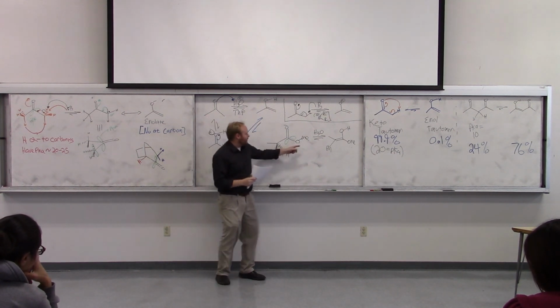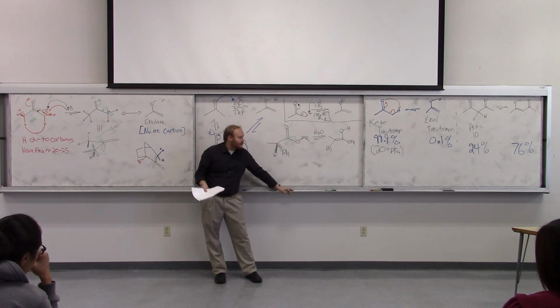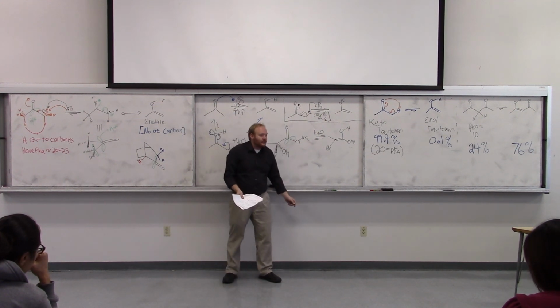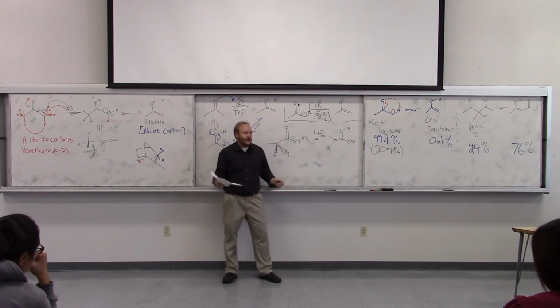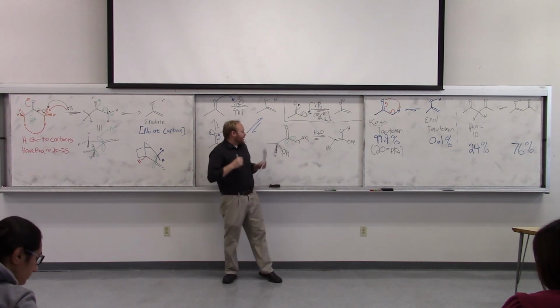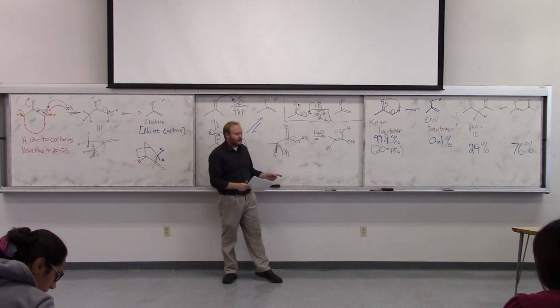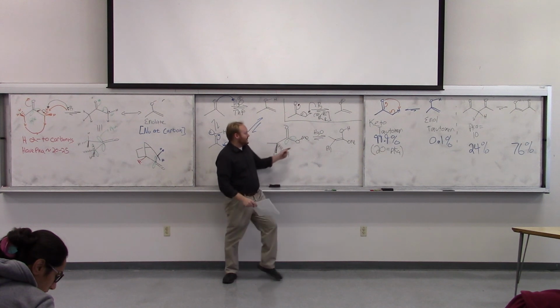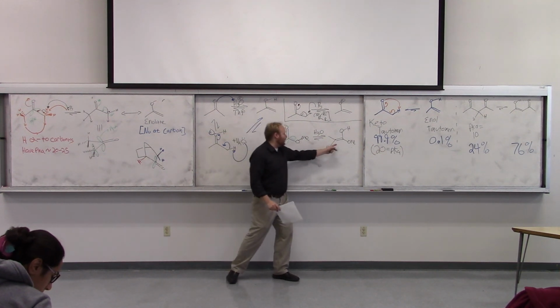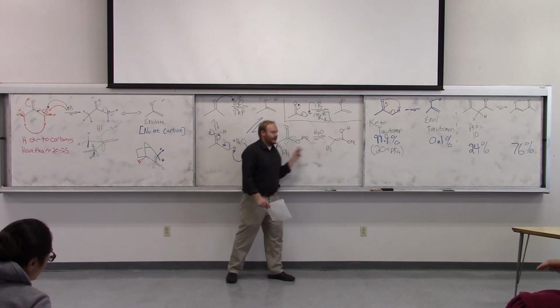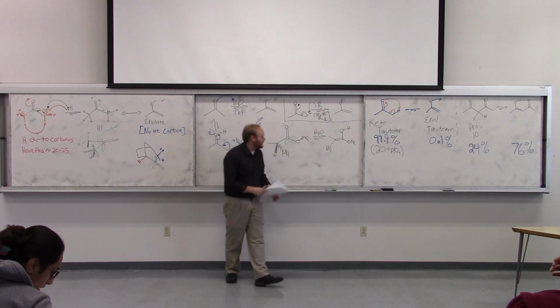And of course, this will be in equilibrium. Since this is an ester, even under acidic conditions, we'd still expect there to be a significant contribution of this carbonyl. So this will be going back and forth between the enol and the ester, so on and so forth.